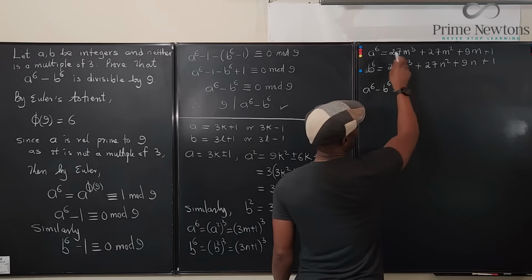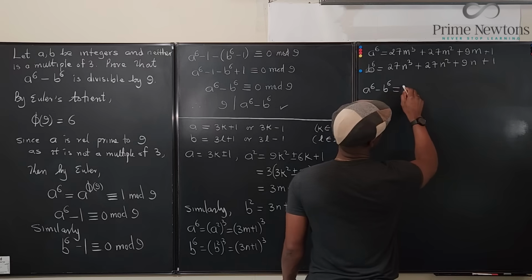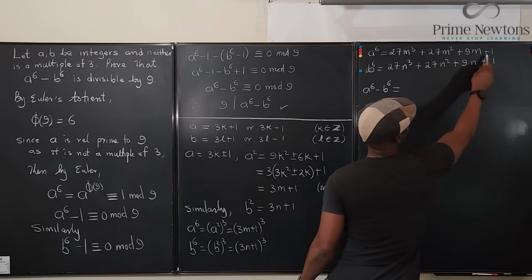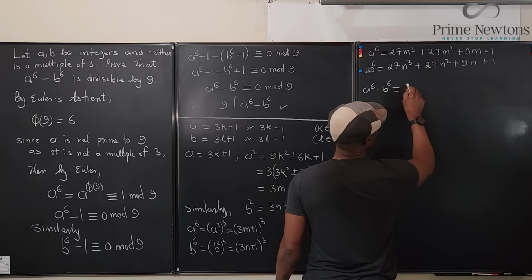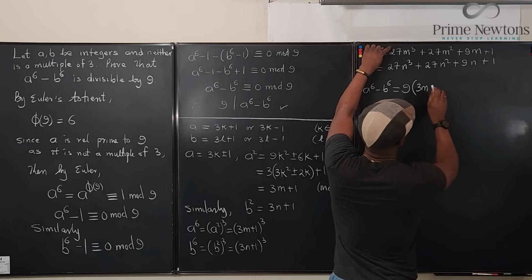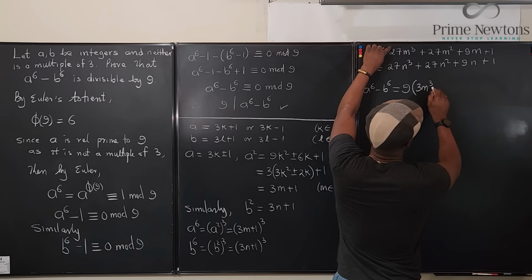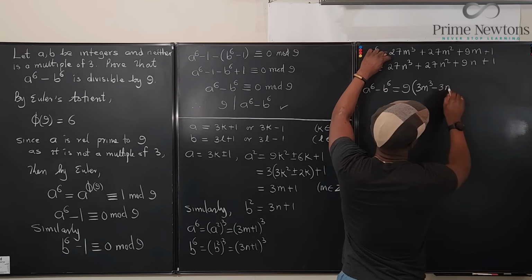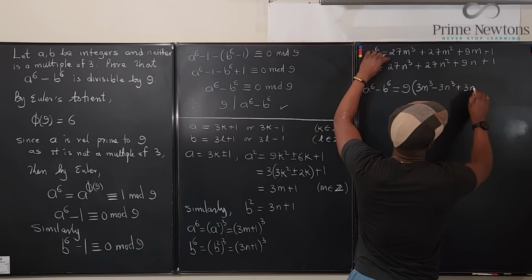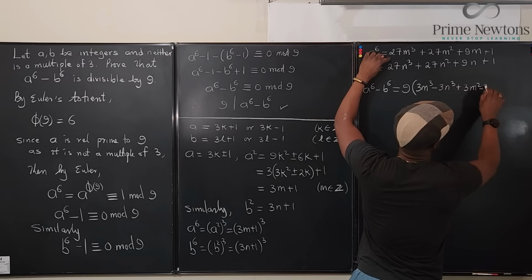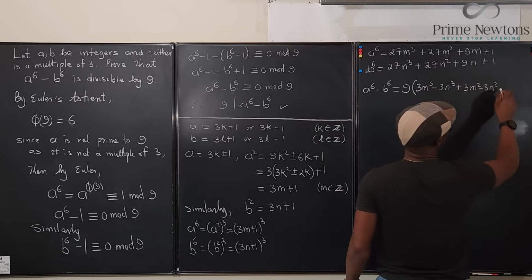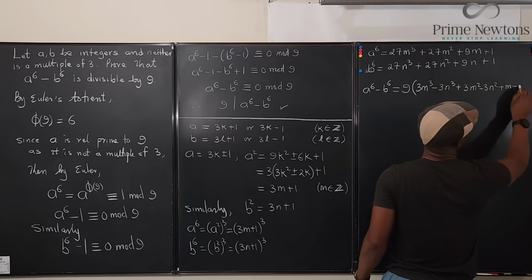You'll end up with, we can factor out 9. Let's just factor out 9 from everything. Well, this is going to cancel this. So you have 9 times, this is going to be 3m cubed minus 3n cubed plus 3m squared minus 3n squared. And then you have plus m minus n.